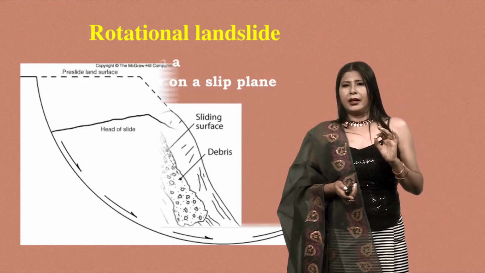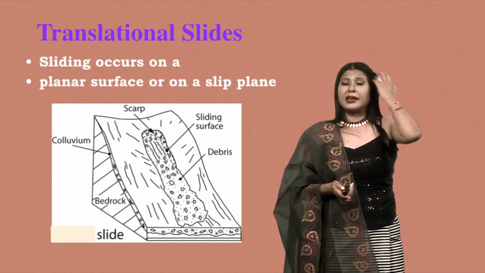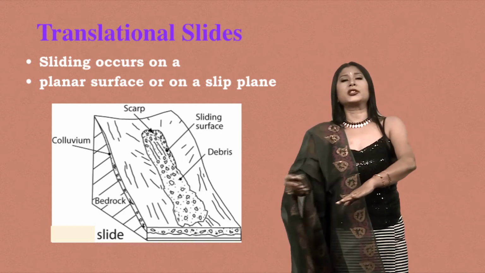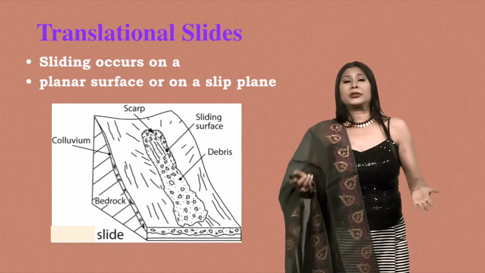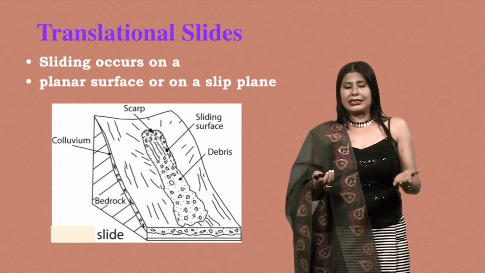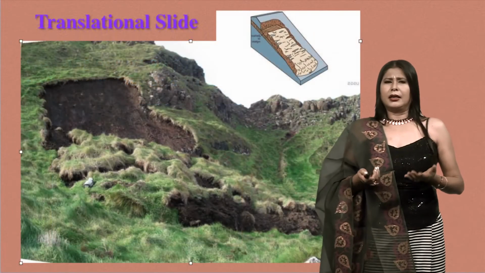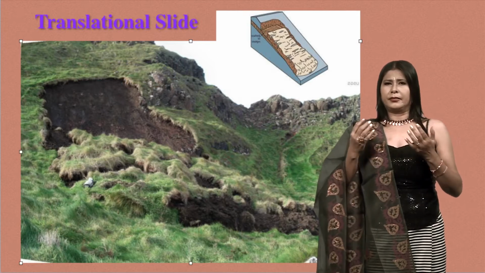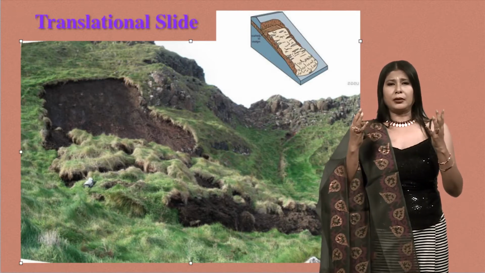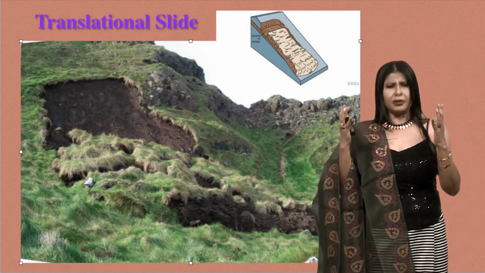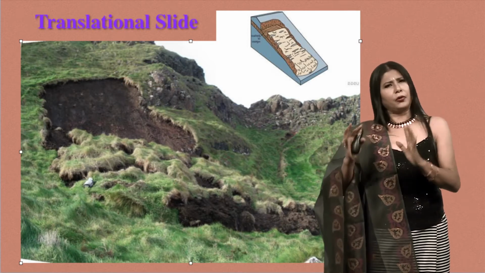And another one is the translational slide. It is occurring on a surface which is smooth. So, it just slips down. It does not rotate. And mass movement can be of enormously huge magnitude or it can be small, but they are occurring everywhere.